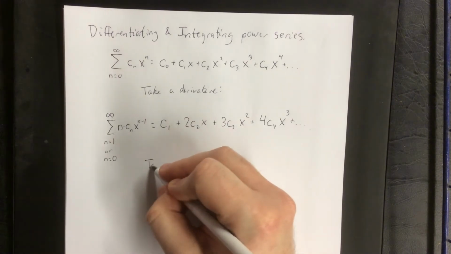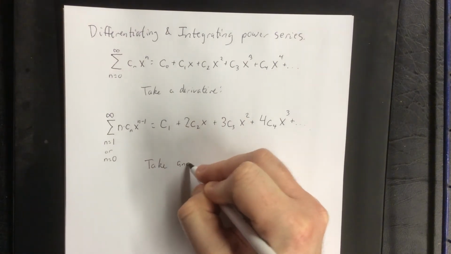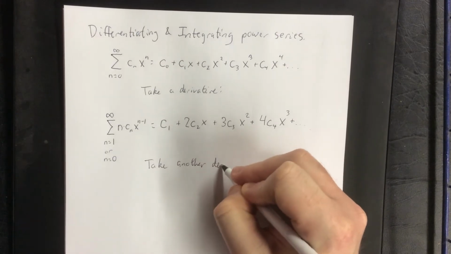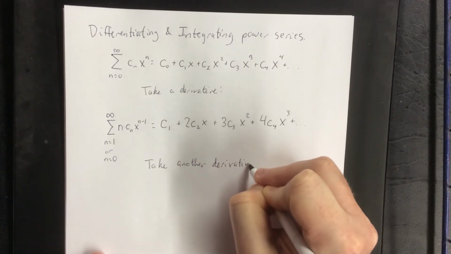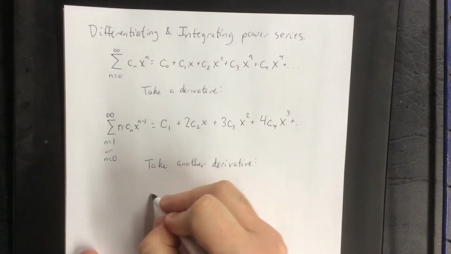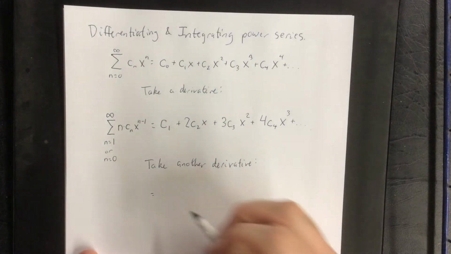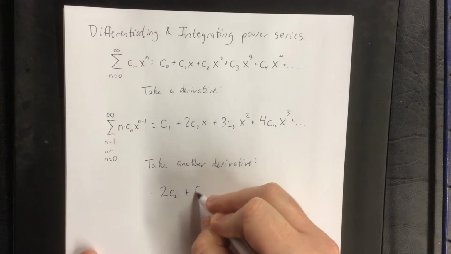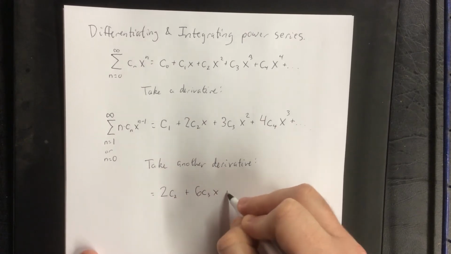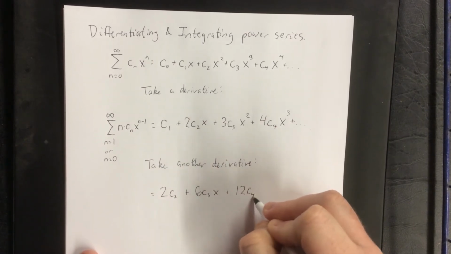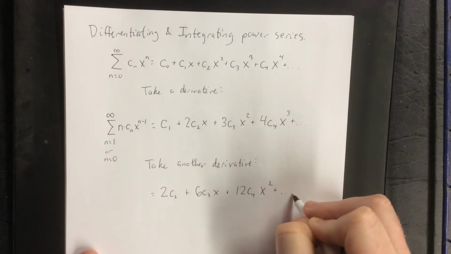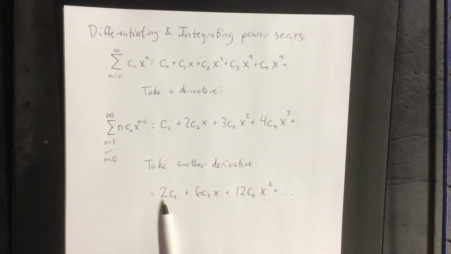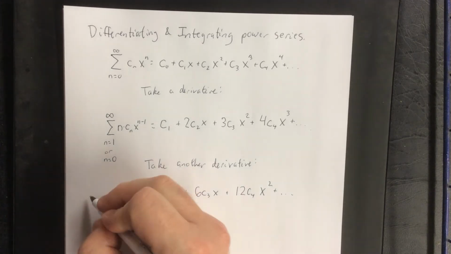If you take another derivative, this becomes a little bit easier to explain what's going on. On the right-hand side, we would see 2c2 plus 6c3x plus 12c4 x squared, and so forth and so on. The reason that we got this 2, that was 2 times 1. This was 3 times 2, and this was 4 times 3 for multiple applications of the power rule.